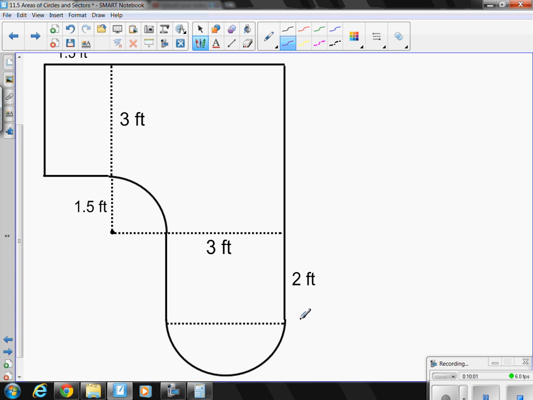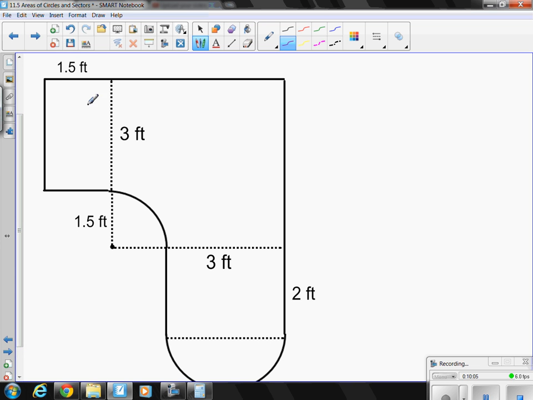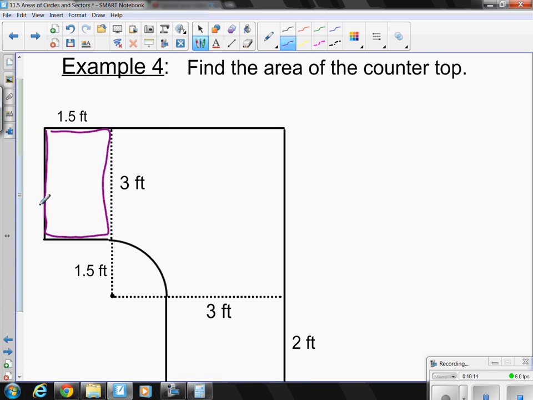I'm going to kind of just set this up a little bit, not do the whole thing, but I'm going to find the area of this piece. So we're trying to find the area of a countertop. This piece is going to have an area of 1.5 times 3.